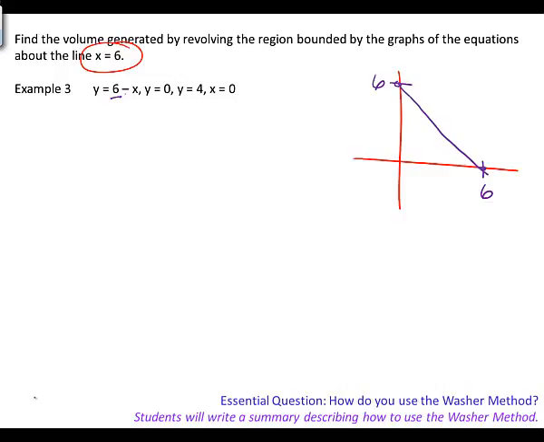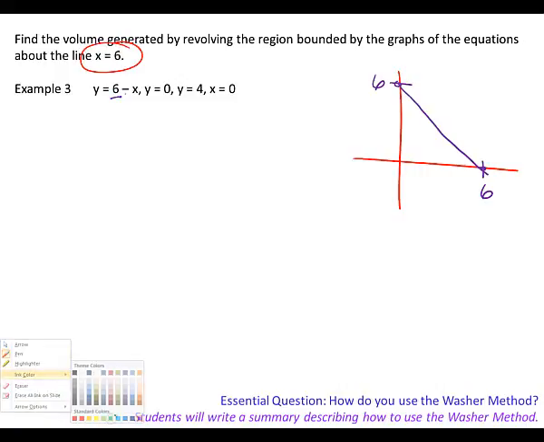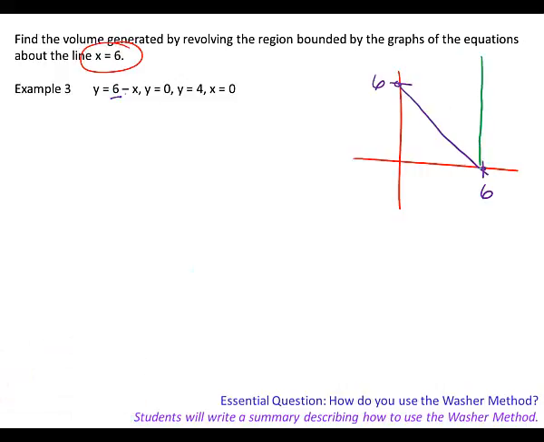Then it says that we're taking that line, I'm going to draw it in a different color, and revolving around the vertical line x equals 6. There's a lot of weirdness here.